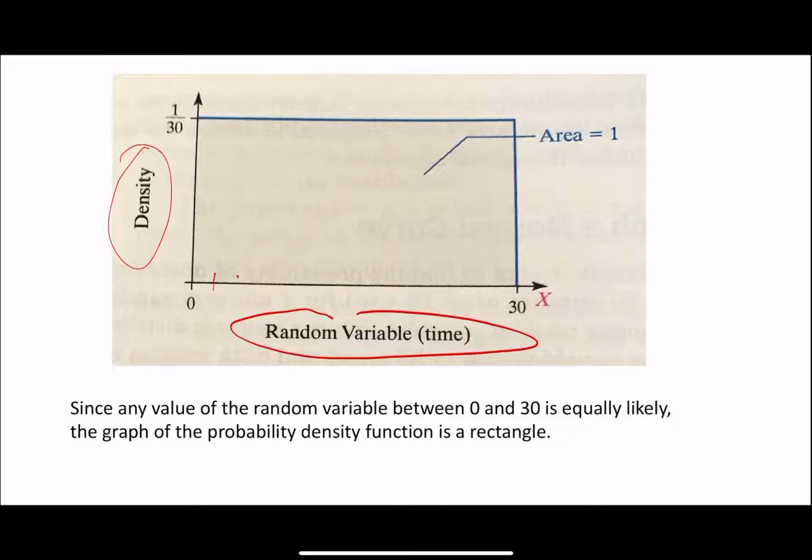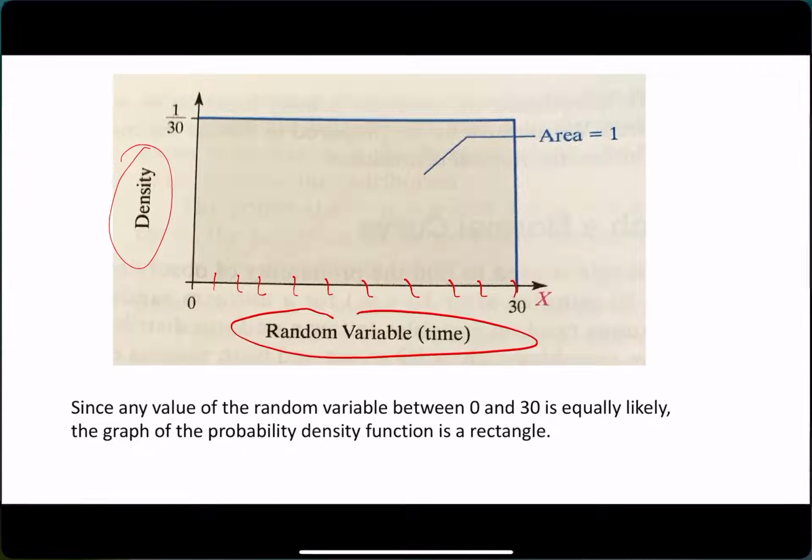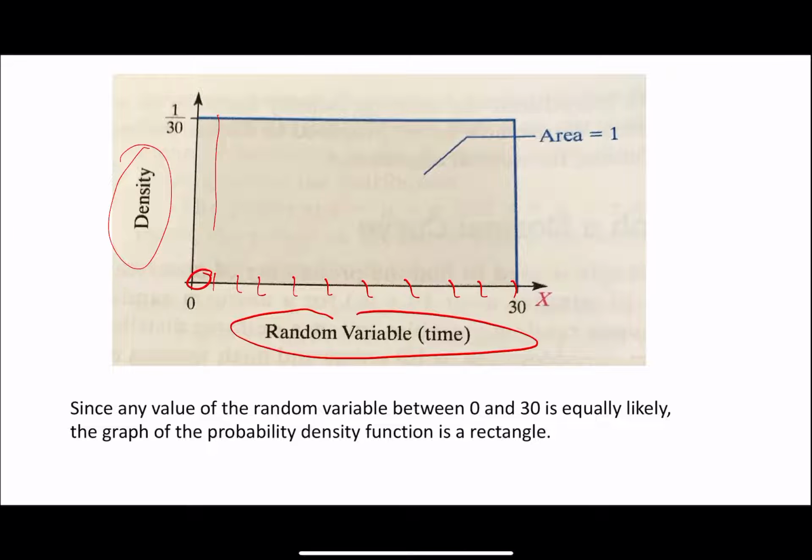Pretend there are 30 little dots there. Between 0 and 1 minute late, it has a 1/30th chance of happening, because each of those values has the same probability, and there are 30 values between 0 and 30. So they have equal probability of happening. Okay, so let's move on.